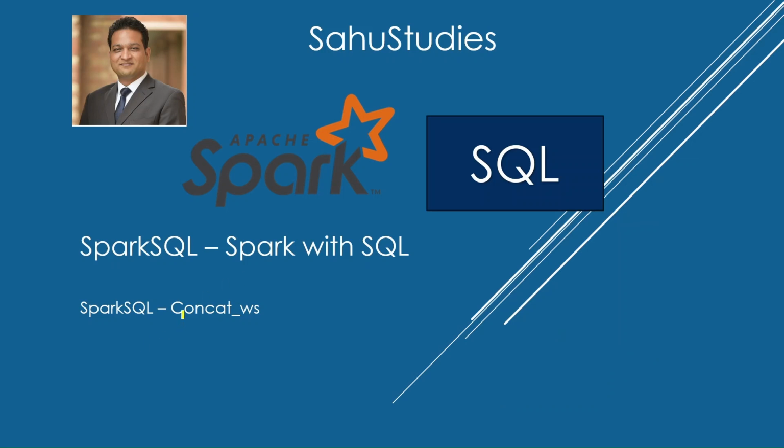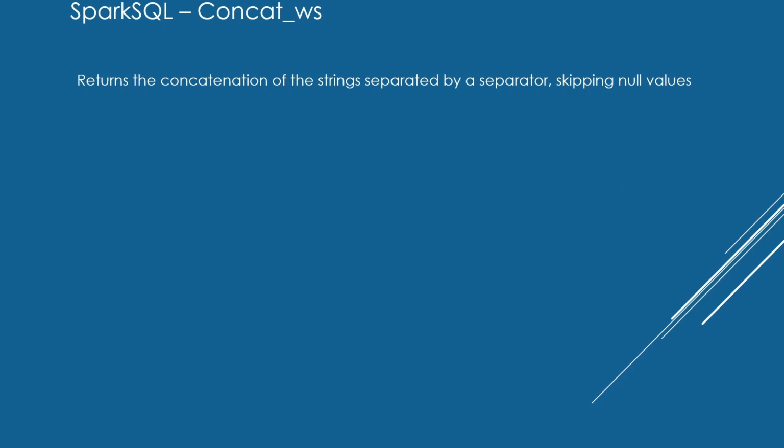In this video, we are going to discuss the concat_ws function in Spark SQL. So why do we use the concat_ws function? It returns the concatenation of strings separated by a separator, while skipping null values.